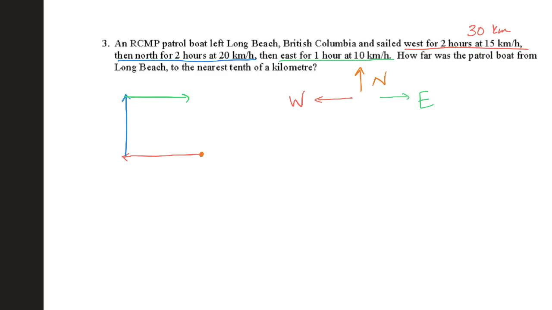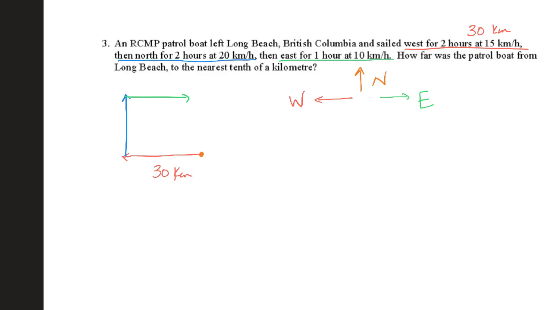So I know that that red arrow is going to represent 30 kilometers. That might have been a bit of a snag for us in figuring out what the actual side lengths were. So, if that helps you out, then I want you to pause the video and try to finish off the problem.